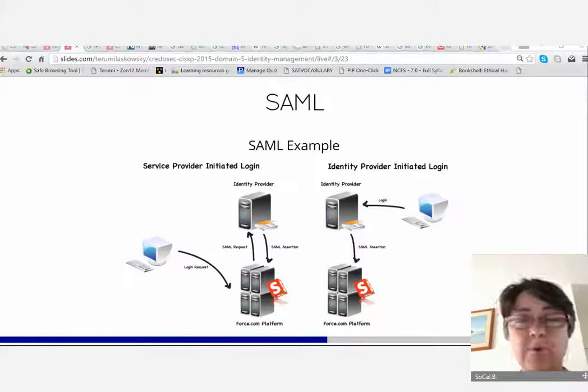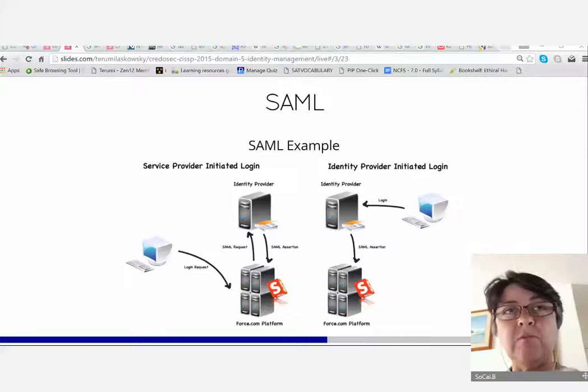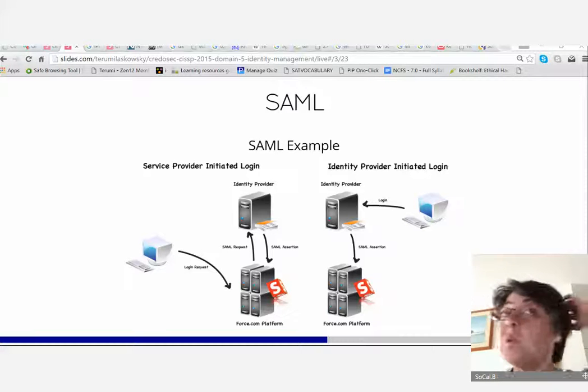This person can now sign in to salesforce.com without putting in a username and password into force.com. The information passed between the identity provider and the service provider is the assertion information in the format of SAML.